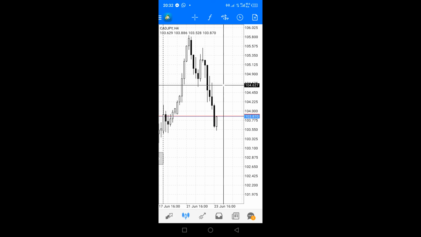So let's say I ask you, which is going to be one of the examples, one of the assignments I'll give you: can you tell me the price of CAD JPY at exactly 1600 on the 21st of, let's say, June 2021?